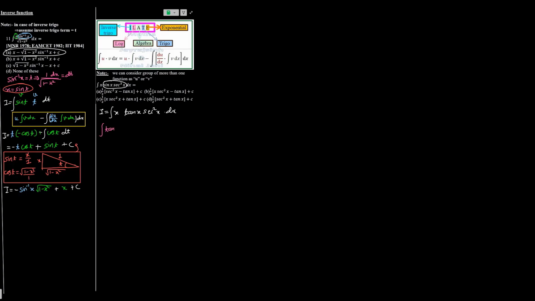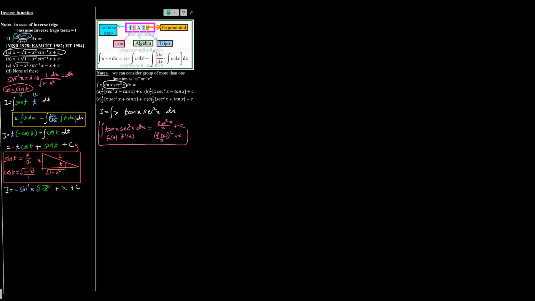Integration of tan x into sec square x is possible using f x into f dash x, that will be f x square by 2 plus c. So here we'll get tan square x by 2 plus c.